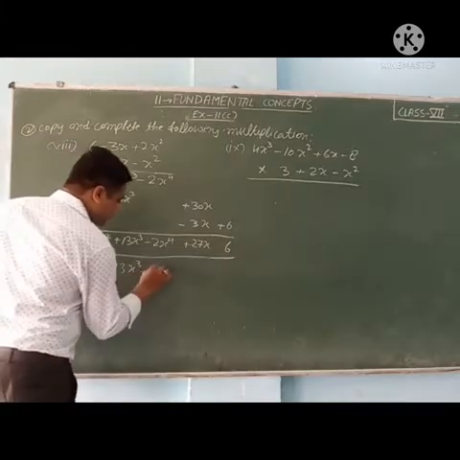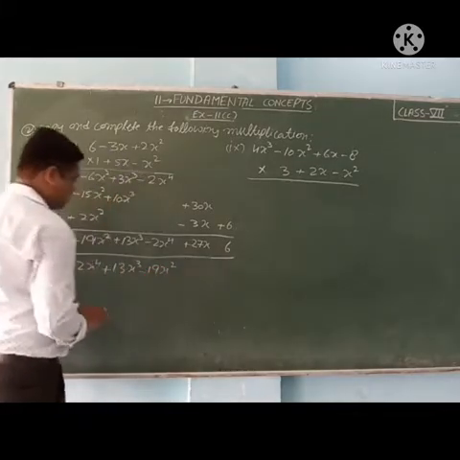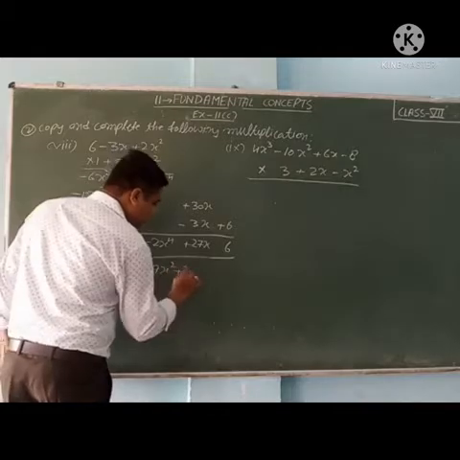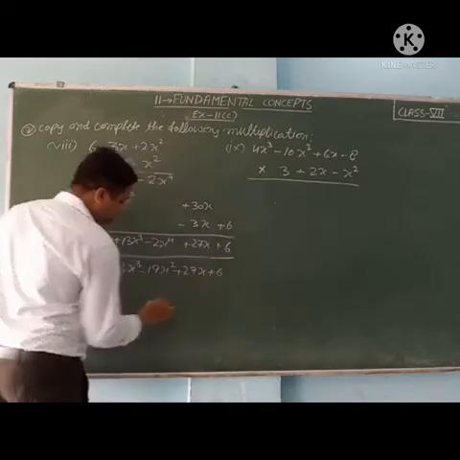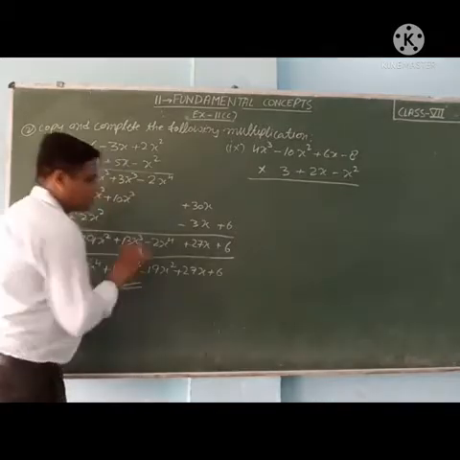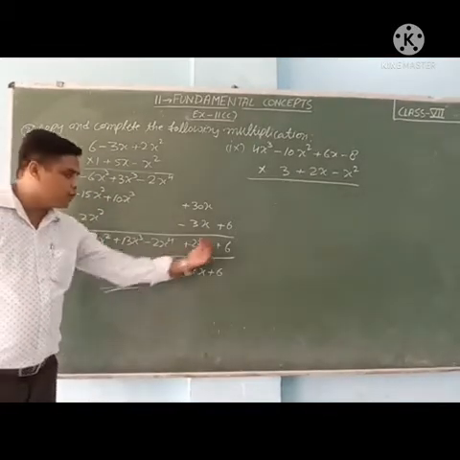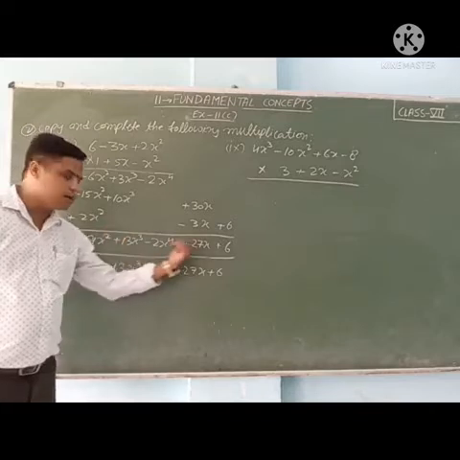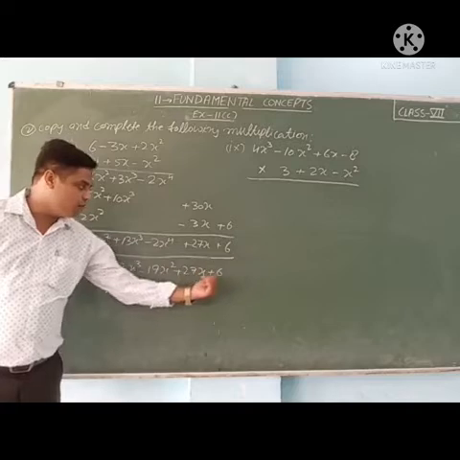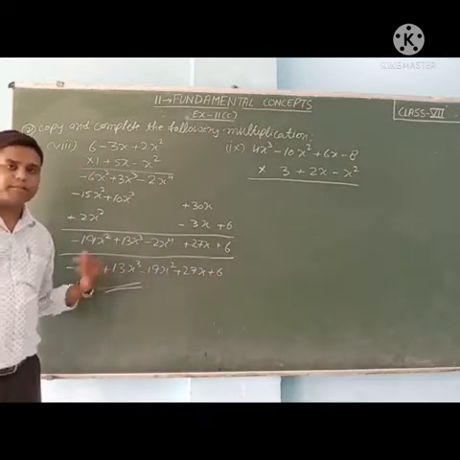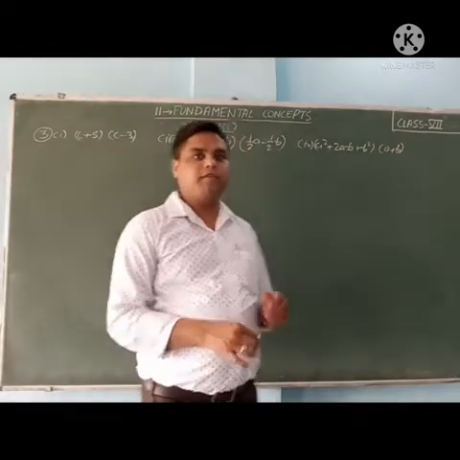Then minus 19x square. Then plus 27x. Then plus 6. So this is the answer. Students, we can leave the answer till here also. But if we will arrange the terms in decreasing order, then it will be better and it will be one more step in the answer.